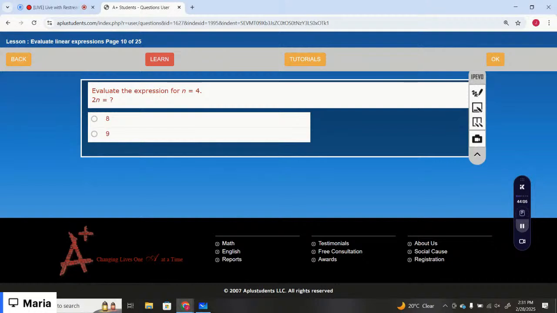Evaluate the expression for n equals 4. So 2 times 4. That is 2 times 4 is 8. Option number 1 is the correct option.